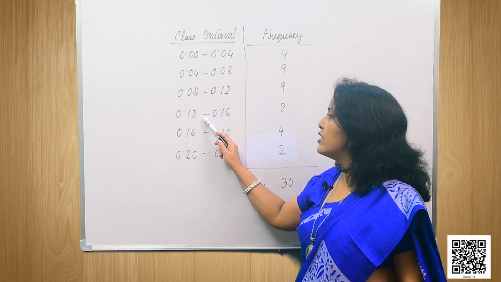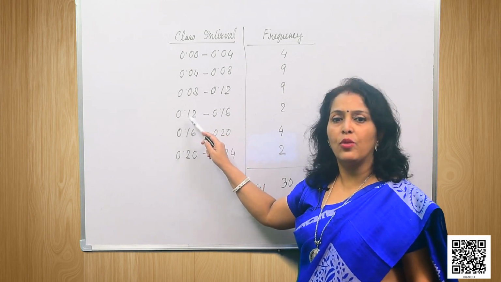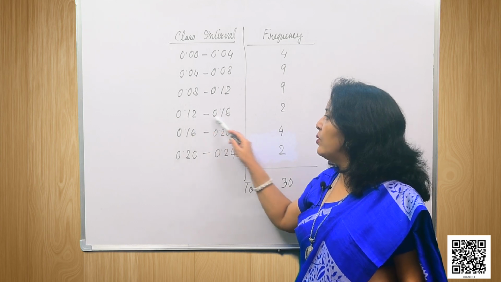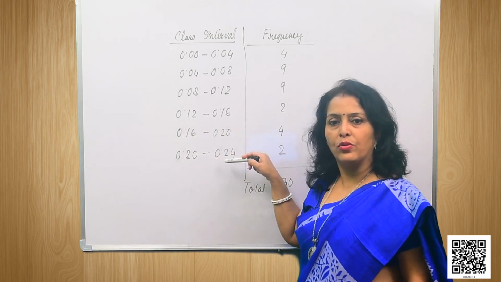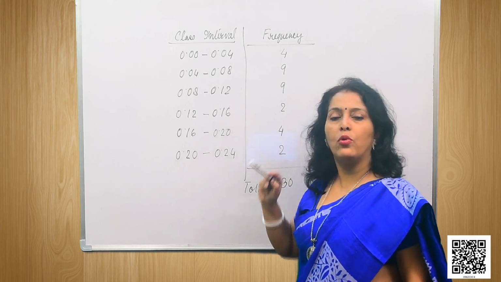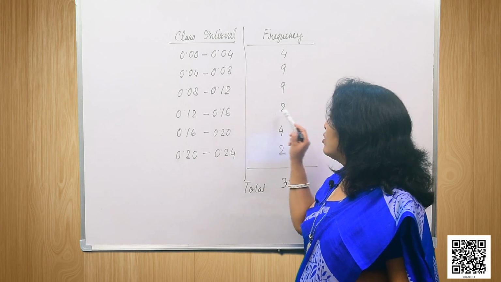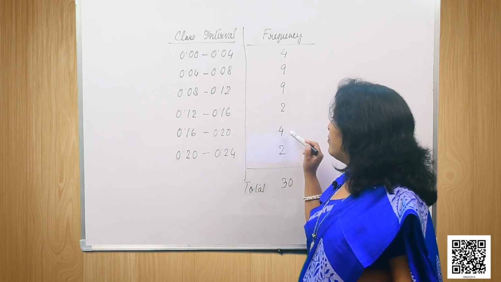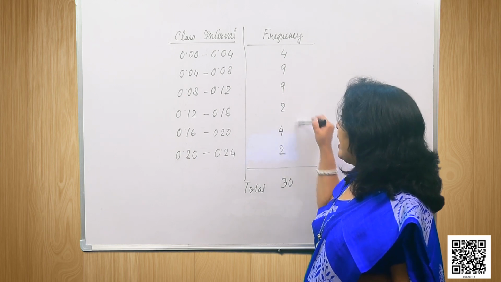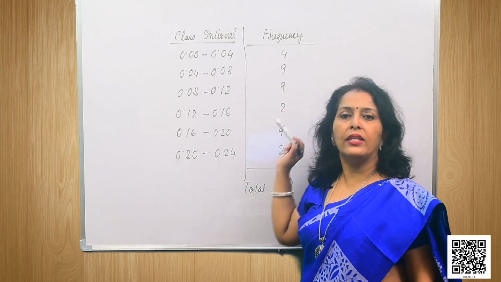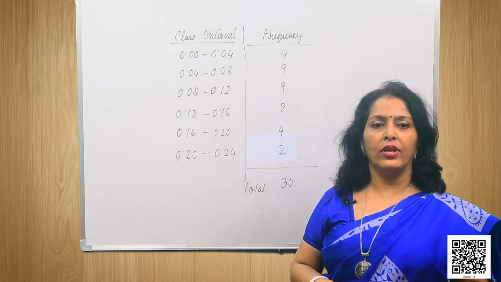So we come to this group. We will include this class also, and the last one also, because all three are more than 0.11. So the total in this group I am getting 2, then 4 and then 2. So the total is 8 days where the sulfur dioxide is more than 0.11.